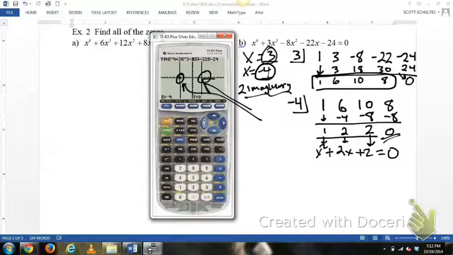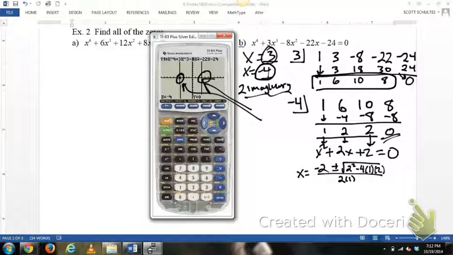Now, I'm not going to be able to factor, so I'm going to have to use maybe the quadratic formula or completing the square. If I use the quadratic formula, it's going to be negative b, or negative 2, plus or minus the square root of b squared, 2 squared, minus 4 times the a value 1 times the c value 2, all over 2 times the a value 1.